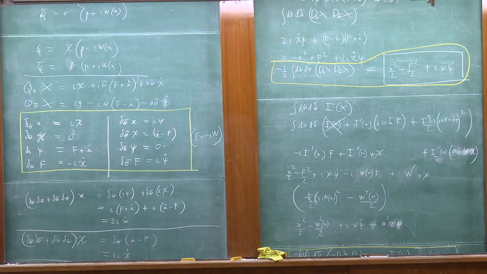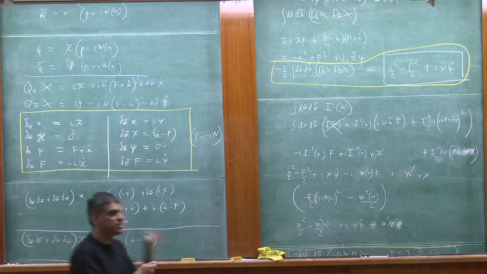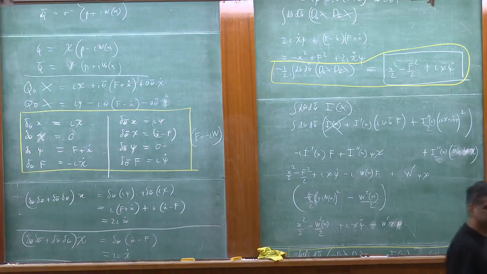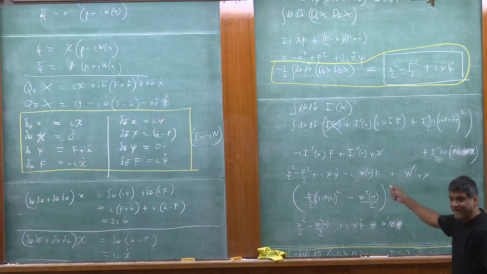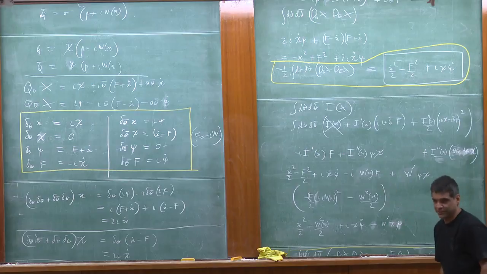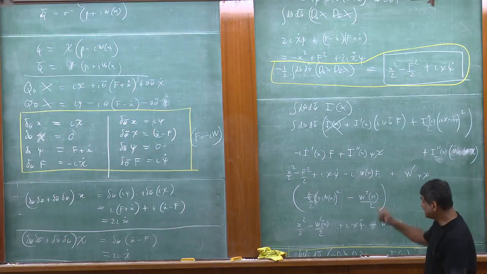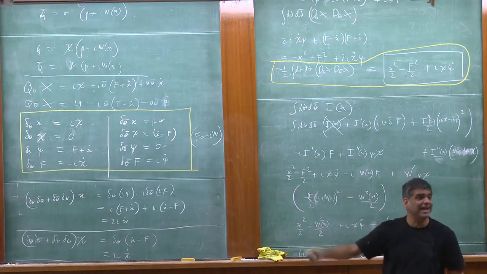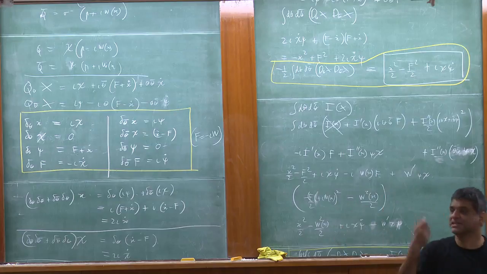But once we start using equations of motion in symmetry transformations, we might have to use lots of equations of motion in symmetry transformations. Okay? If you take F and plug in minus IW, once again you will find that the supersymmetry algebra closes on itself.